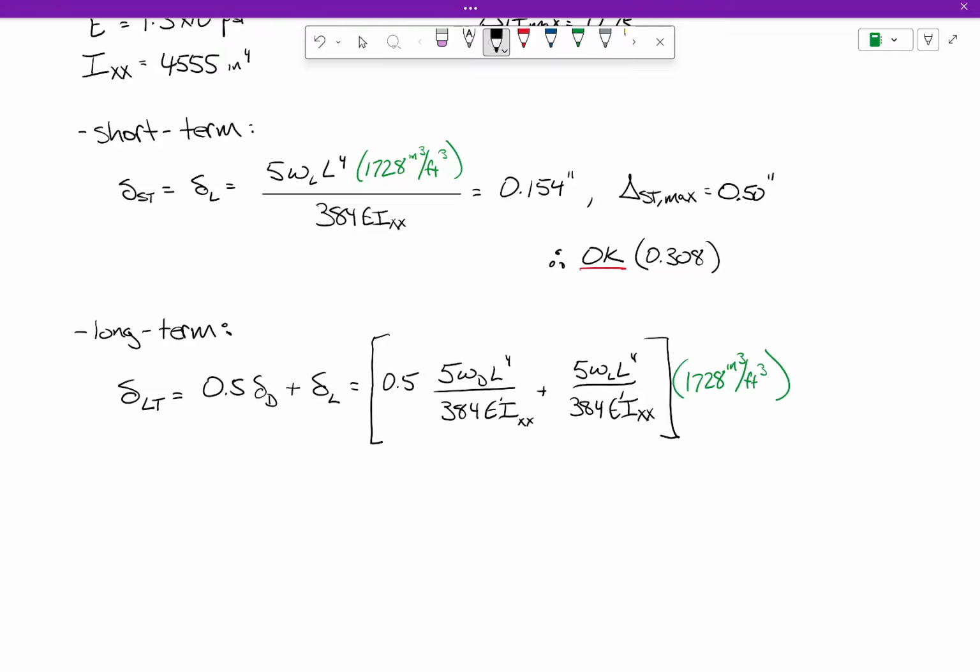Okay. Now, the reason I'm writing it this way is because this would be a more, I guess, algebraically friendly expression maybe to interpret if the deflection expressions change.